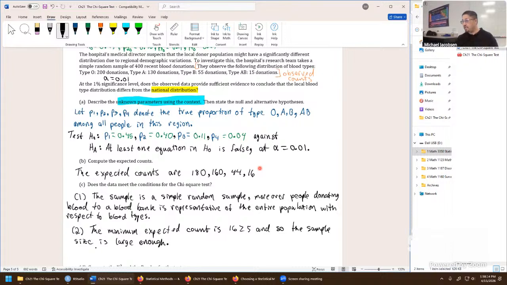So overall then, the conditions are met. So we're in pretty good shape with these data. Any last questions or thoughts, folks, thinking about the conditions themselves?